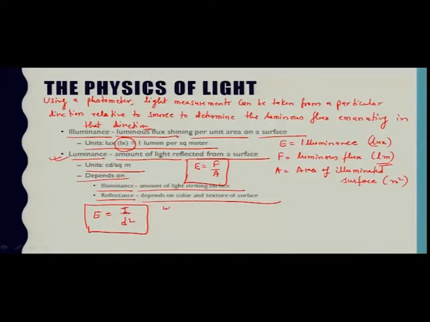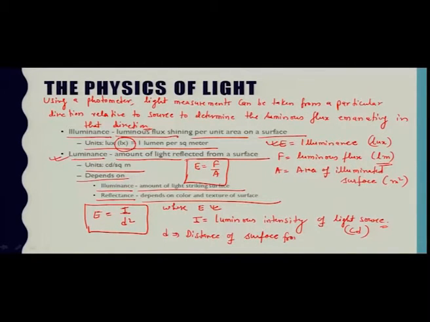Where E is the illuminance, and I is the luminous intensity of any light source, that can be expressed in candela, cd. And d can be defined as the distance of, let's say, the surface from the source, that is expressed in meter.